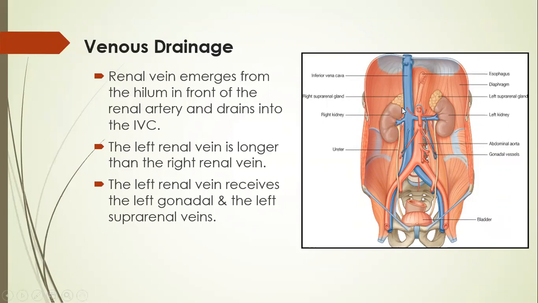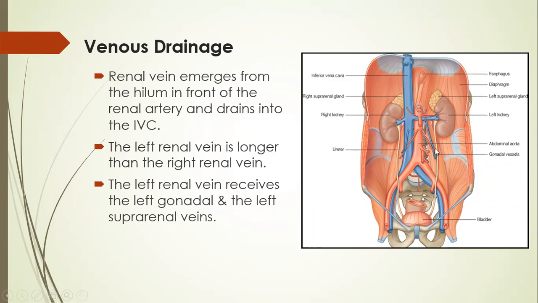If you observe this picture, you can see the left renal vein is longer compared to the right renal vein, because the inferior vena cava is more towards the right side, closer to the right kidney. So the right renal vein is shorter compared to the left renal vein, which is longer. The left renal vein receives the left gonadal and left suprarenal veins also.